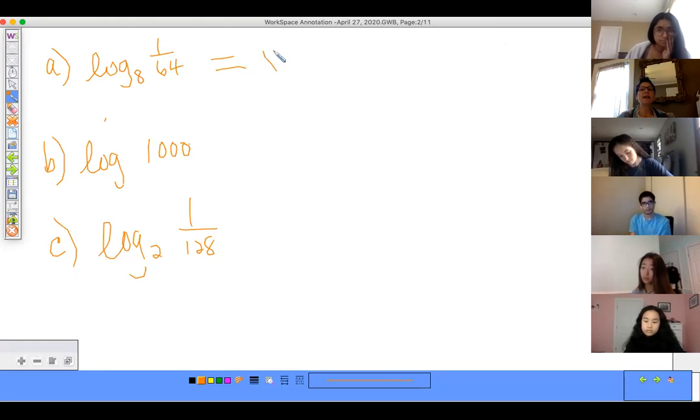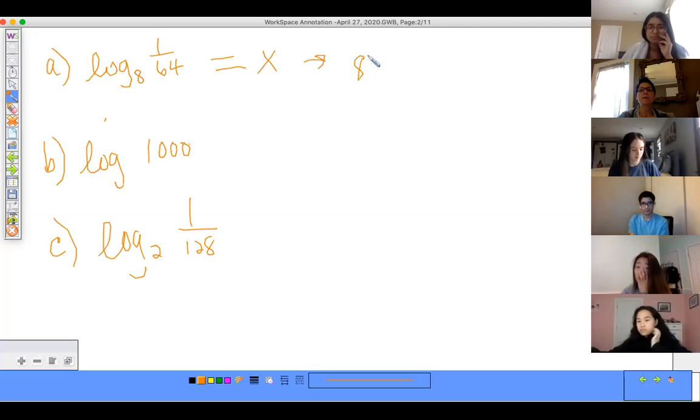So I can rewrite and set that equal to x, right? Can everybody read this with me? Log base 8 of 1 over 64 is equal to some number x, right? Darcy says you can rewrite this equation in terms of an exponent. So you said you're going to rewrite it as what?